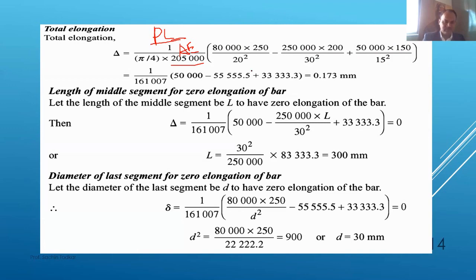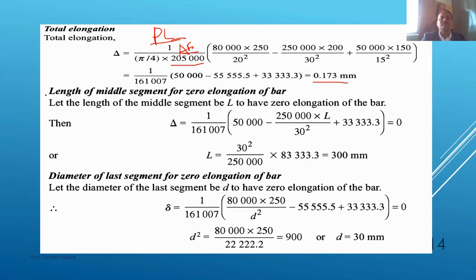This is a simple thing, and we can solve it with the help of a calculator and brackets properly. Then you'll get in one stroke the answer equal to 0.173 millimeters. Okay, so this is the first part. This was very easy, PL by AE. We have to take only the common parts, that is E and pi by 4, nothing additional.